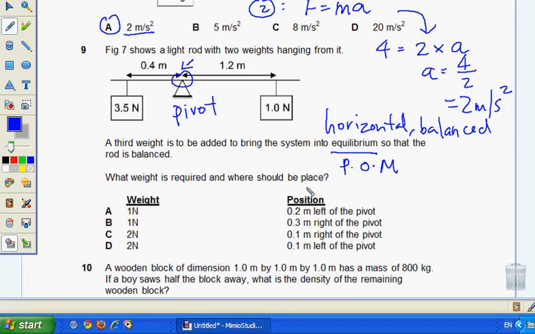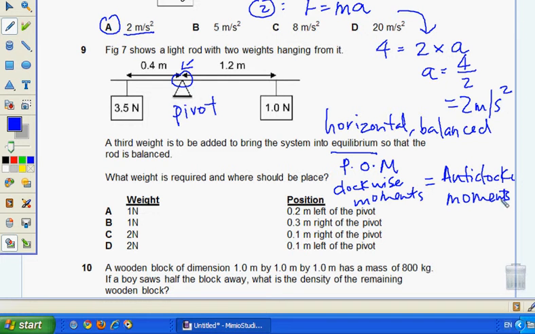What does the principle of moments say? It says that the sum of the clockwise moments about the same pivot will be equal to the sum of the anti-clockwise moments about the same pivot. So how do we find moment?